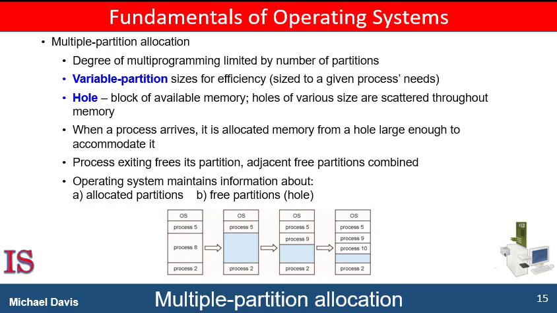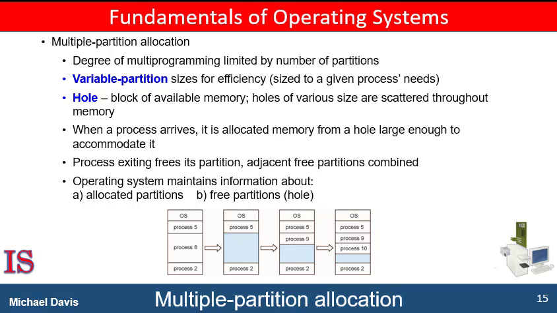Initially, all of the memory that is not used by the operating system is available for user processes and is considered one large block of available memory. Eventually, as you will see, memory contains a set of blocks of various sizes. This figure depicts such a scene.